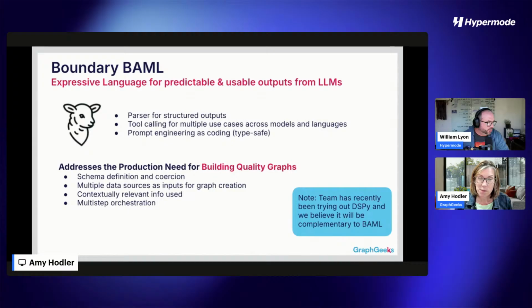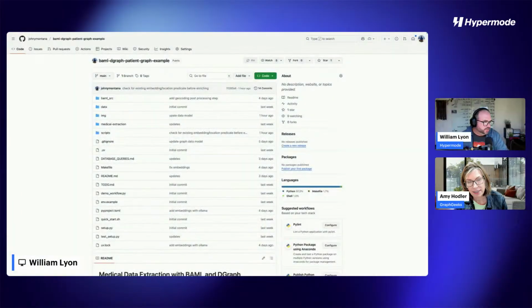I think this is a good tee up for talking about BAML here. As Amy mentioned, the patient medical notes data set that she was looking at and the GraphRAG implementation there was part of a workshop at the Agentic AI Summit.